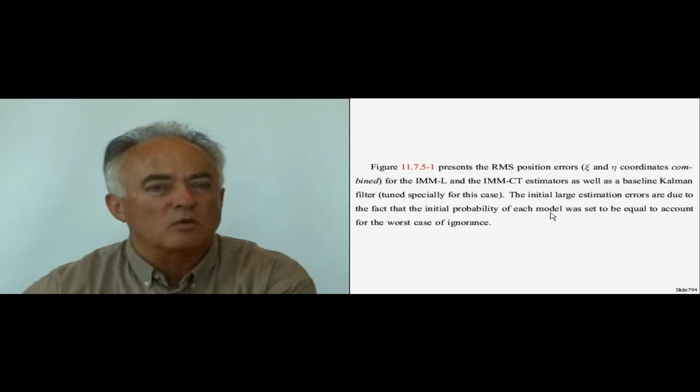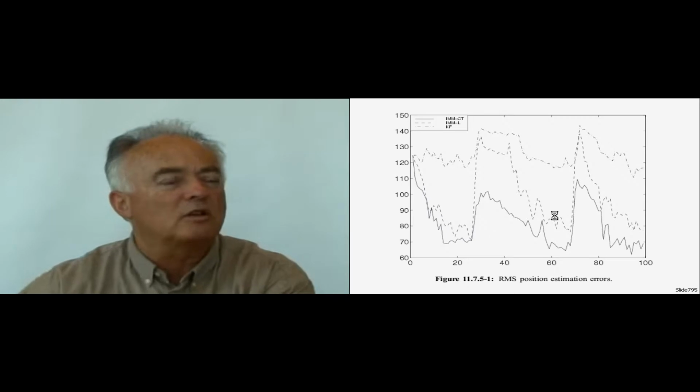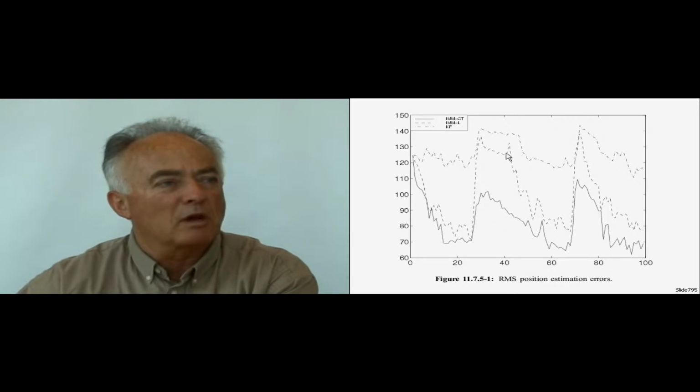Initially, obviously, one can set the probability of the maneuvering model low at the beginning. So this really doesn't matter, but you can see the same pattern with the Kalman filter largest, the IMM-R next, and the IMM-CT strictly below it.